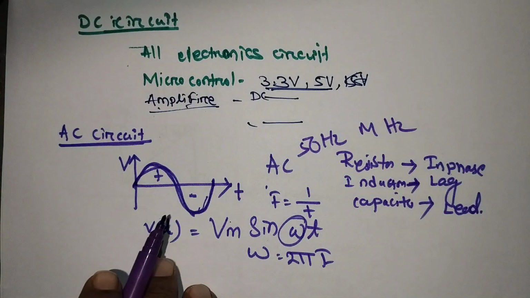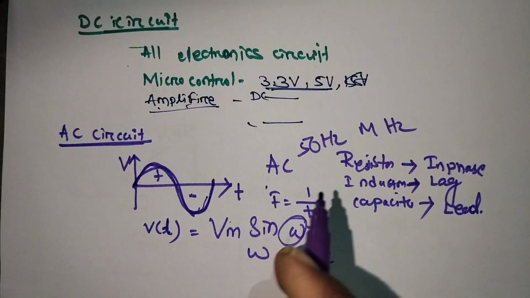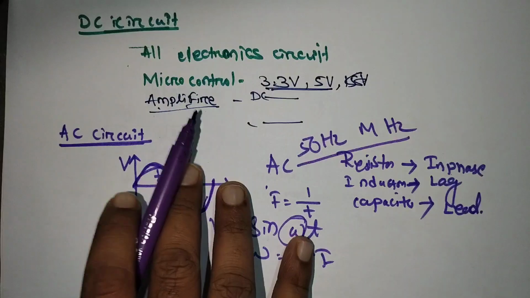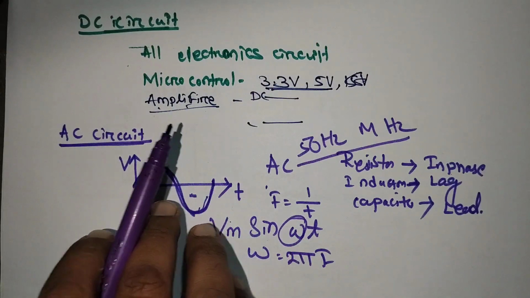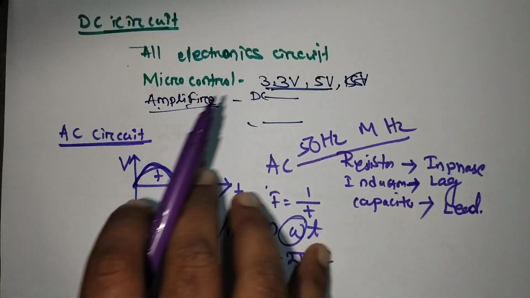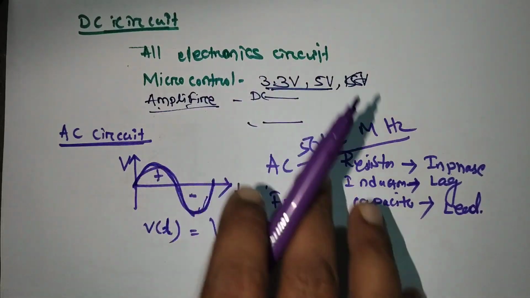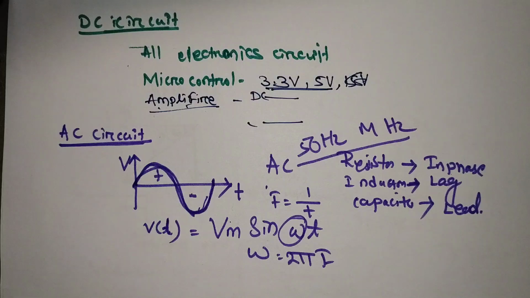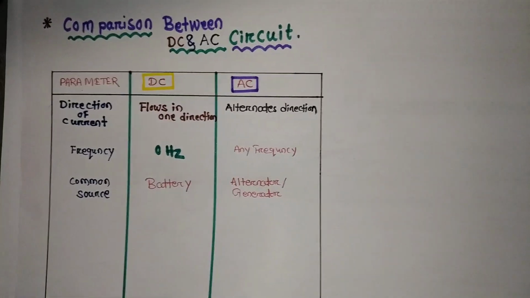Somewhere in the circuit you can also get some signal in AC form. Overall, both DC and AC are used in analog circuit design or any type of electronic system.